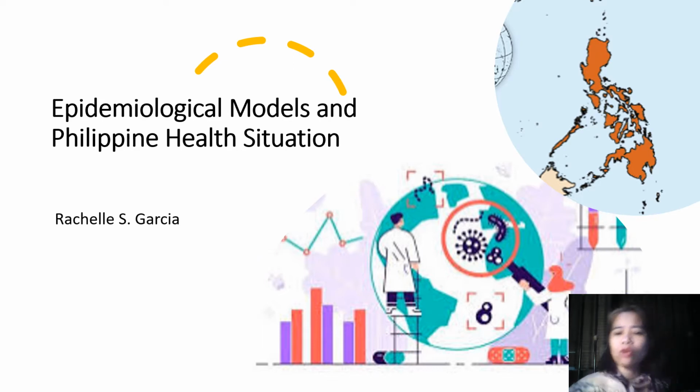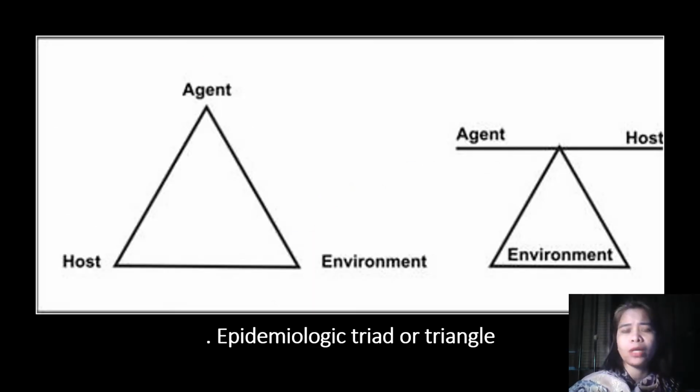And this group of people can be as small as your neighborhood or as large as the global population. Now, epidemiological models help us describe or trace the cause of a particular disease.